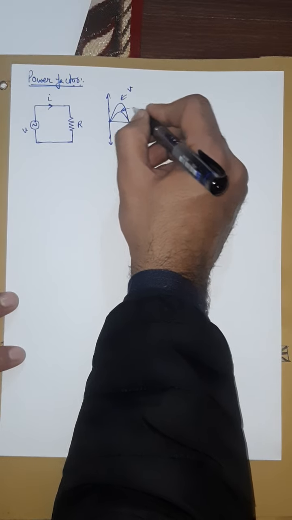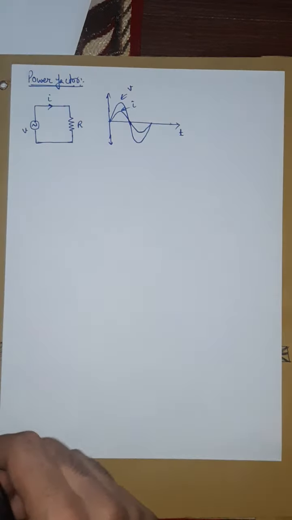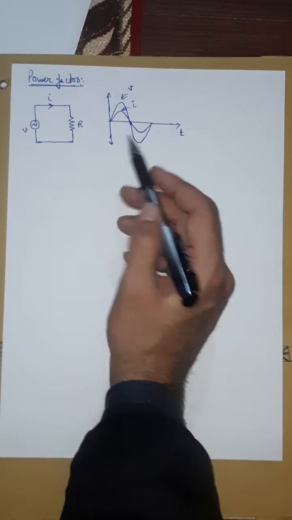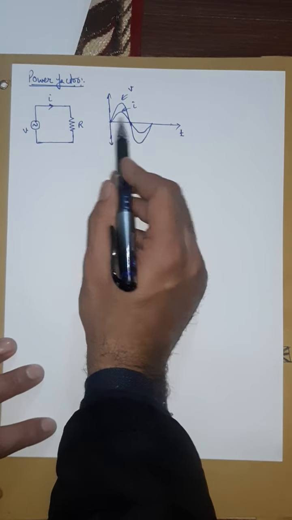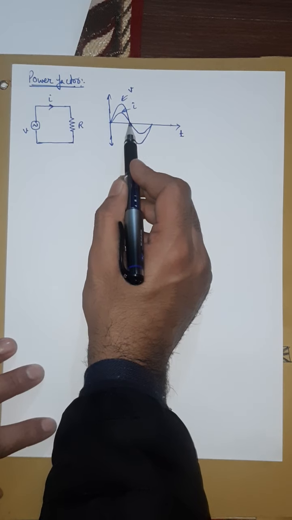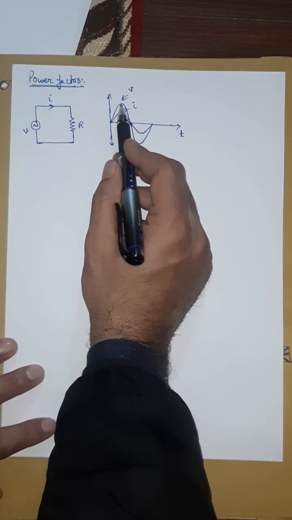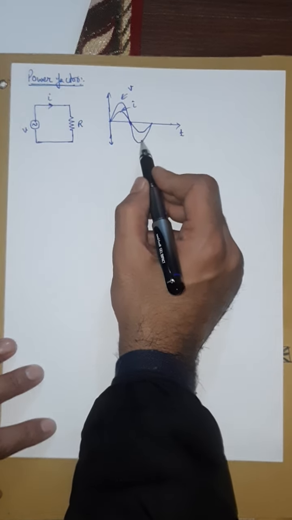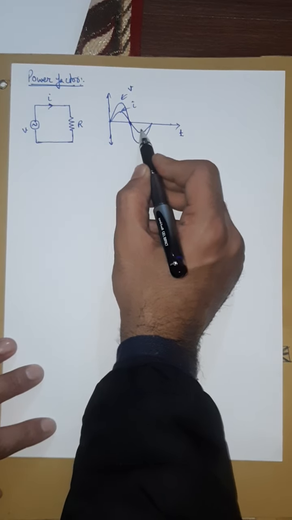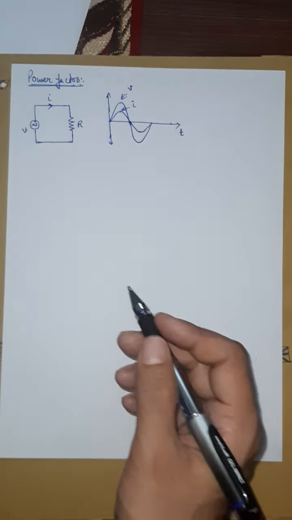This is current I. You can see that current and voltage are in phase because both start from 0 at the same time and both end at 0 at the same time. Got it?